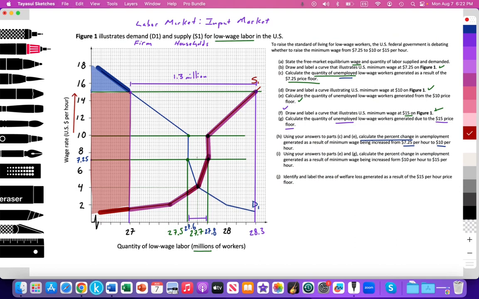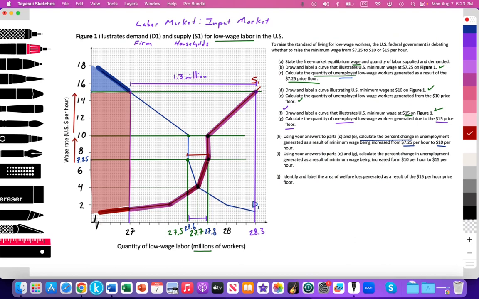This is a pretty simple question because we can see that there is no change. Here we are at $7.25 going up to $10 an hour. So we're going from here to here. At $7.25, the unemployment is the distance between these two points.